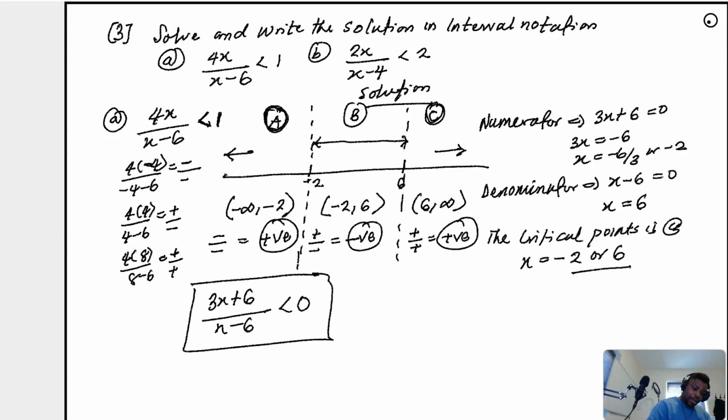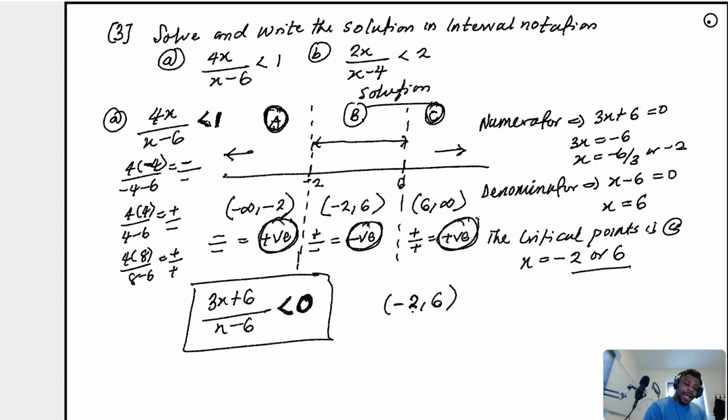So our inequality here says less than 0, right? And for it to be less than 0, it simply means you are only interested in the quotient that gives the negative. So for A, B, C, which one gives negative? This is positive, this is positive. So the only one that gives us negative is this one here, and that interval is minus 2, 6.